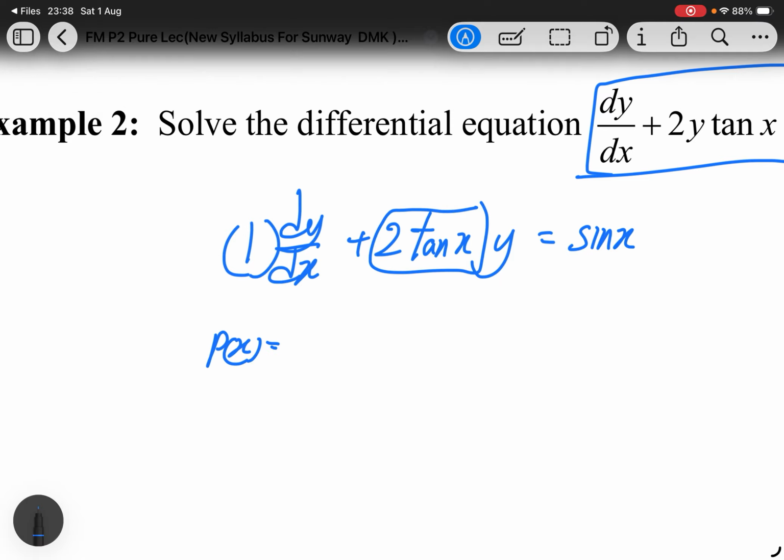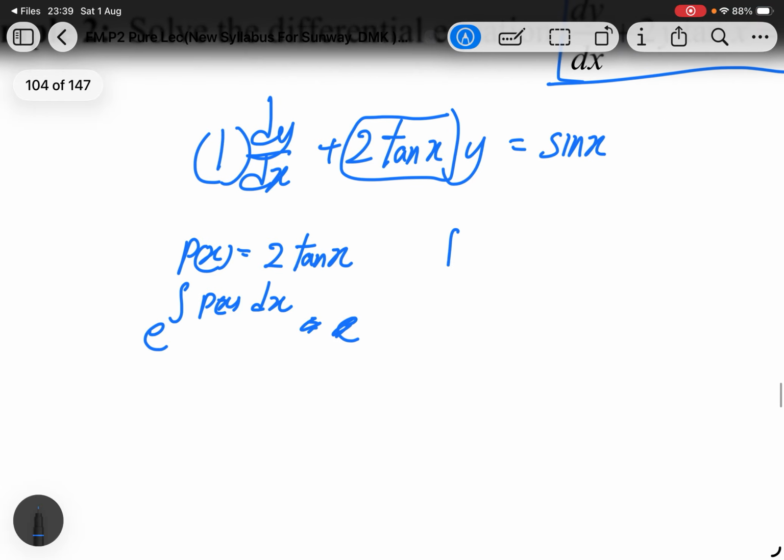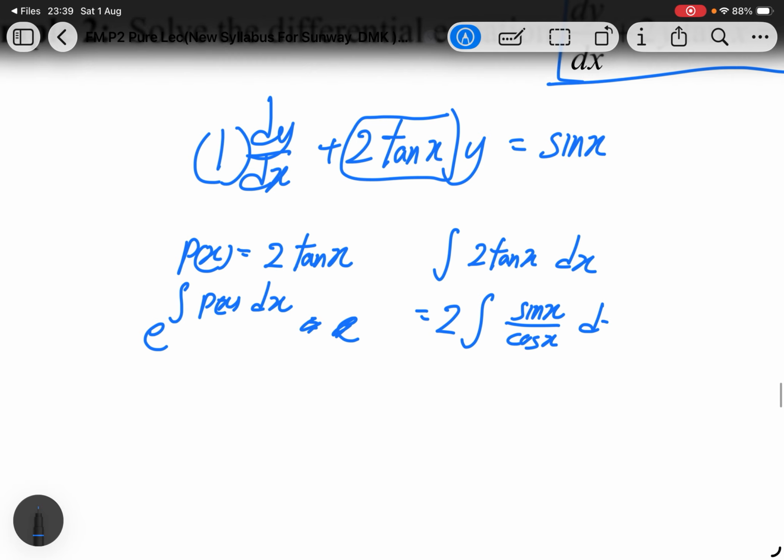So e to the integral of P(x) dx equals e to the, I'll split this into two parts, integral of 2 tan x dx equals 2 times the integral of sin x over cos x dx.